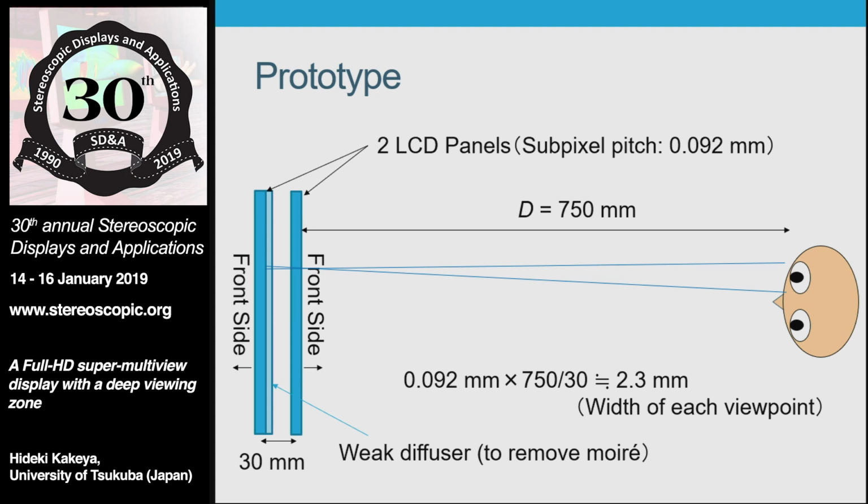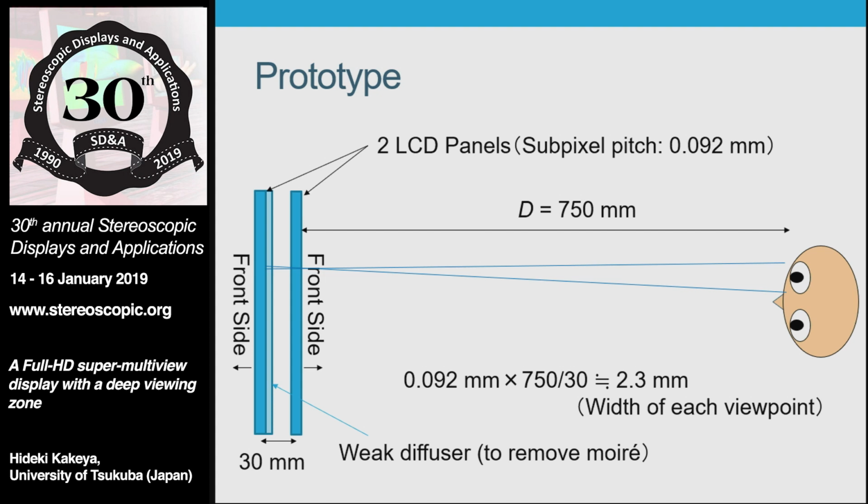The pixel pitch is 0.092 millimeter. It's a subpixel pitch. The width of a subpixel is 0.092 in our display panel of the prototype system. So this is the distance between the panels.